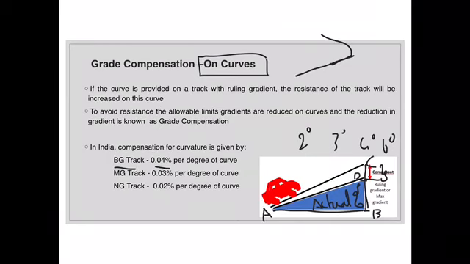Similarly, for meter gauge track, the grade compensation should be 0.03 percentage per degree of the curve, and for the narrow gauge track the gradient has to be decreased by 0.02 percentage per degree of the curve. We'll take up one example on this grade compensation. For the broad gauge track, the grade needs to be compensated by 0.04 percentage per degree of the curve.